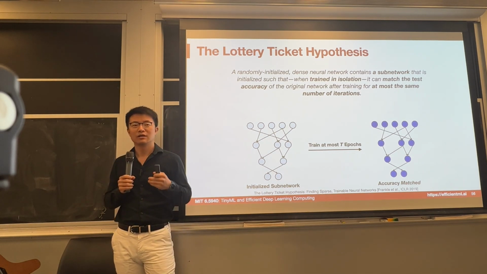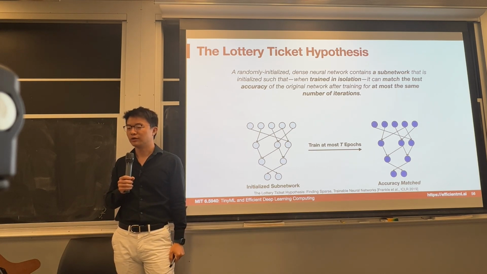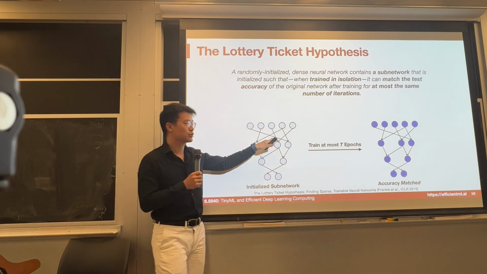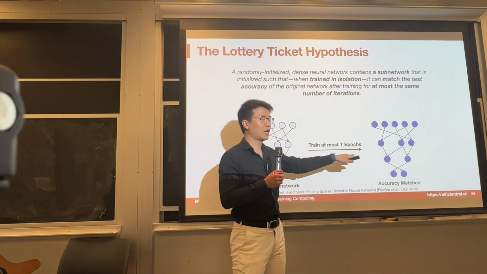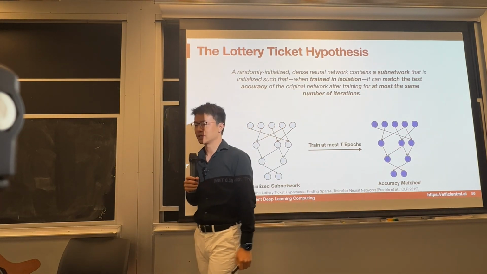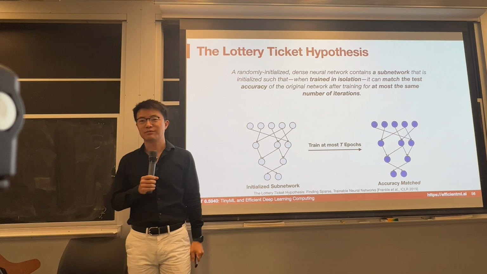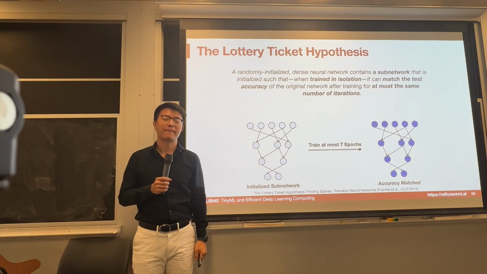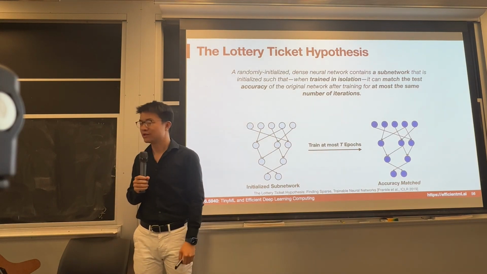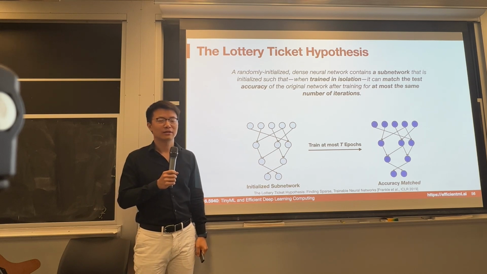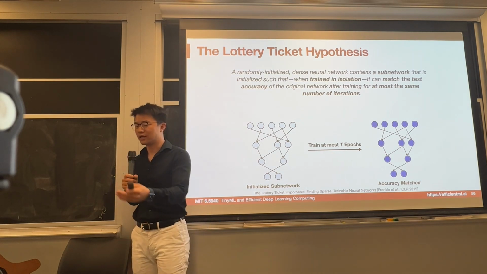Can we start with a sparse model, directly train the sparse model to begin with? Can we match the accuracy compared with training the dense model? Is that a feasible way? Is there a catch? Is there something we need to take care of?